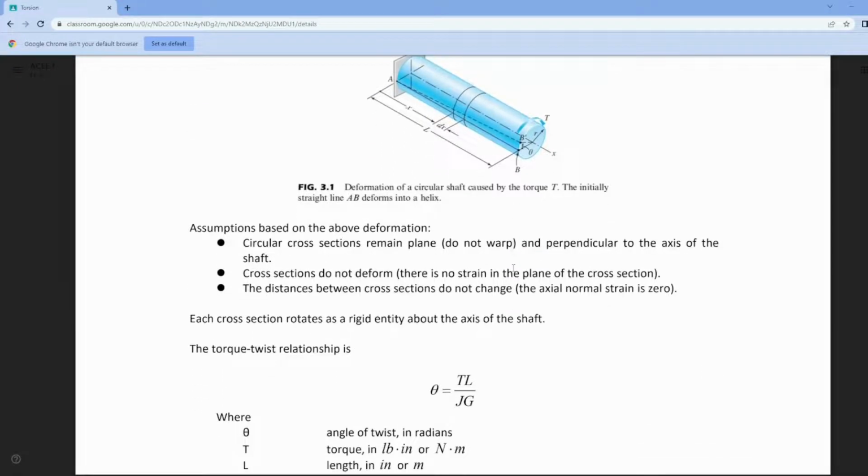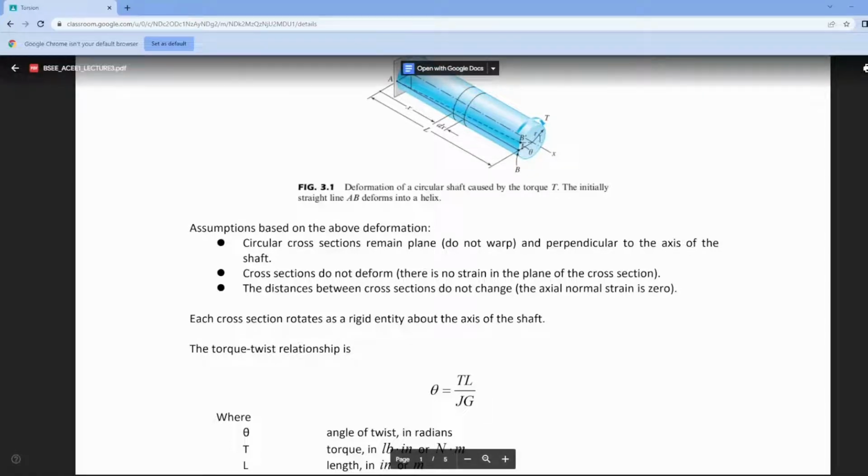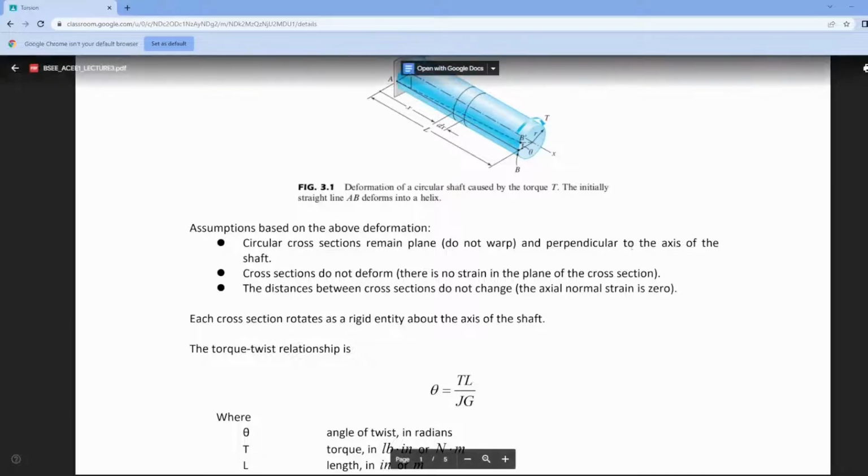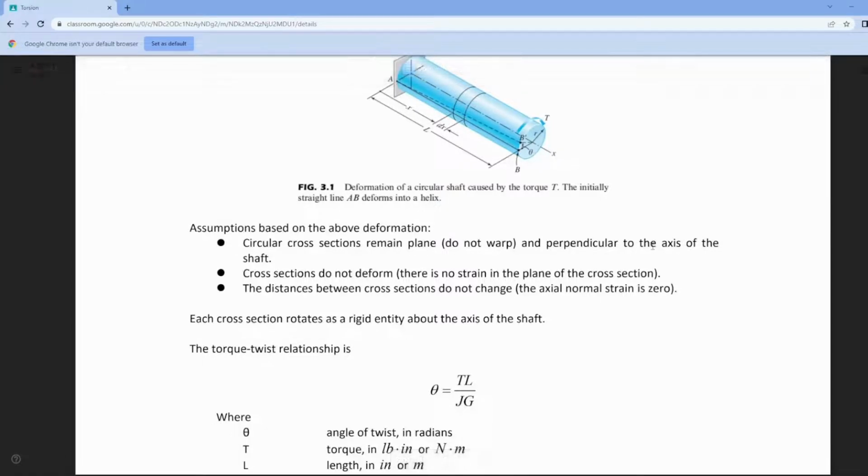Our assumptions, we have three. Number one, circular cross-sections remain plane. They do not warp. The only deformation is the twisting; there is no change in cross-sectional area, no warping, and the sections remain perpendicular to the axis of the shaft.